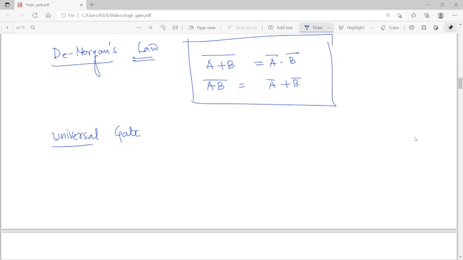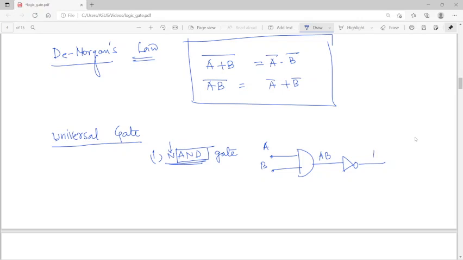So there are two types of universal gate. One universal gate is called the NAND gate. So you must say here is an AND and I am putting a NOT gate here. That means if this is a two input A and B, if this is an AND gate, that will give you AB, and then I am putting a NOT gate, then this is nothing but A B bar.